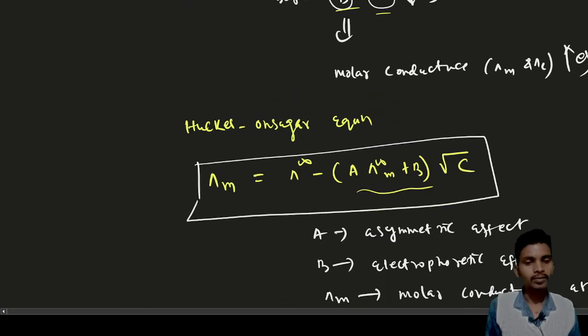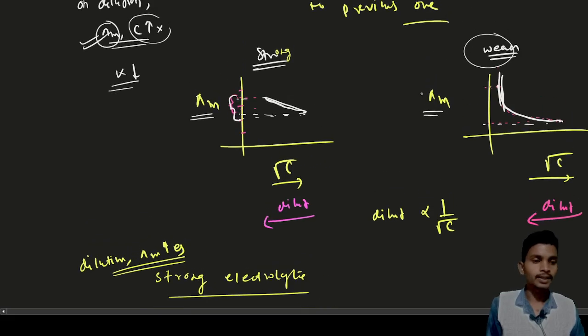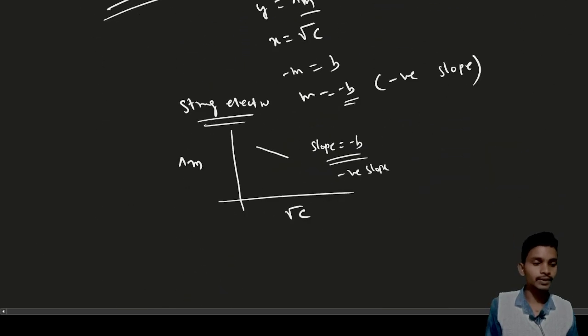Similarly, for weak electrolytes, we say that the graph will come like this. At first, when no dilution has been done, the molar conductance is a very low value, and after that this value increases. How this graph came about, we can also discuss.